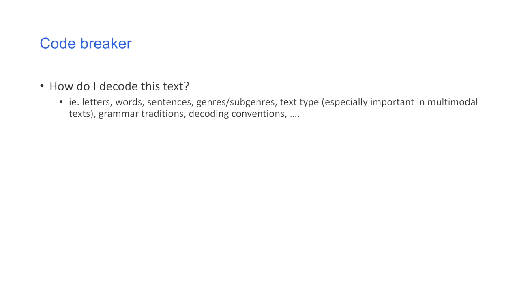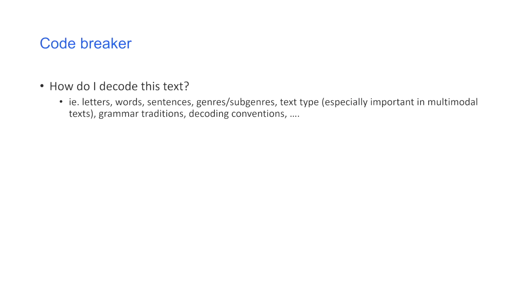Let's have a look at code breaker. So when we're operating in the role of code breaker, students, or all of us, we're asking, how do I decode the text? Letters, words, sentences, genres, subgenres, text type, grammar traditions, decoding conventions, etc. So the parsing exercise we did with the visual text, initially we were operating as code breakers.